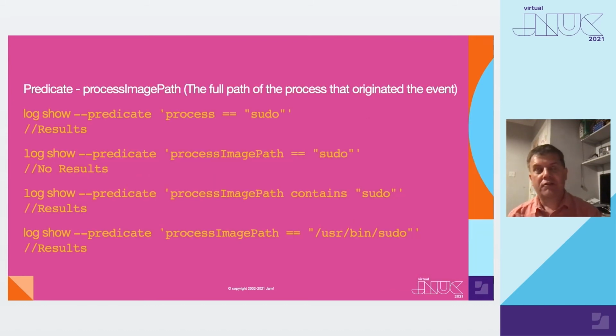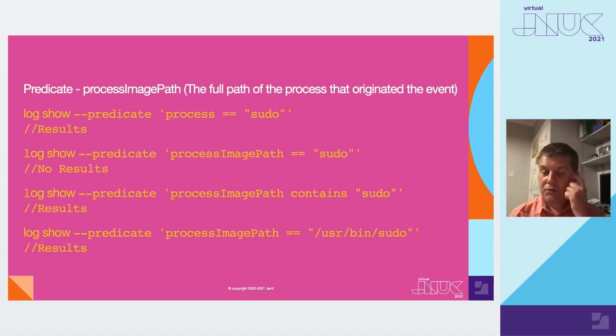But just to complicate things, there are two versions of the process keyword. We have process, which searches for a process called X that is running or has logged a message. We also have a version called process image path, which is subtly different. With process, you just name the process, whereas with process image path, you define the path on the file system to where that process lives.